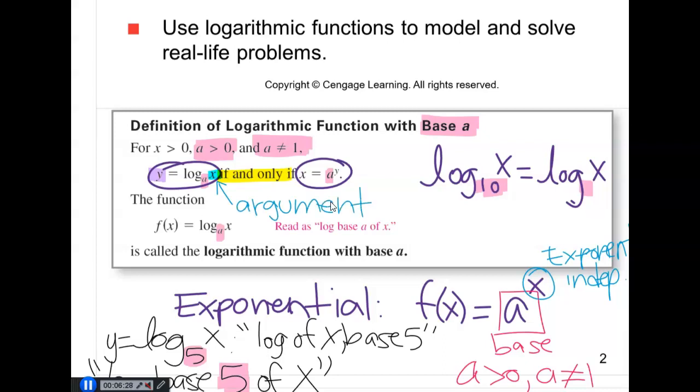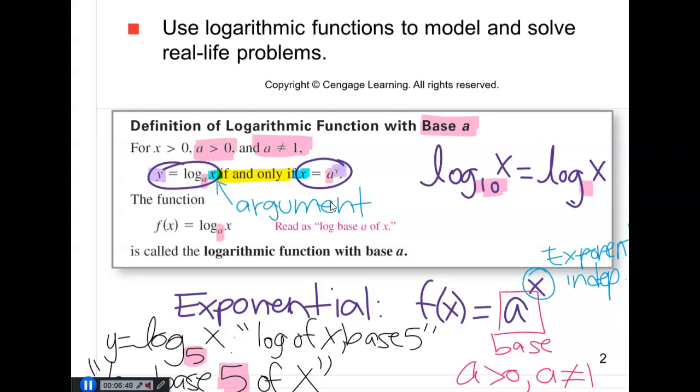So y equals log of x base a if and only if x, now we have the argument here, and then we have a, x equals a to the power y.